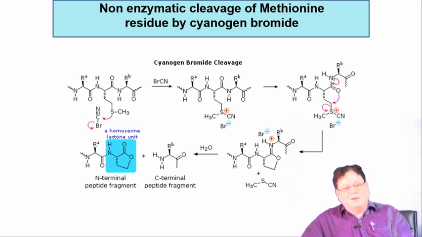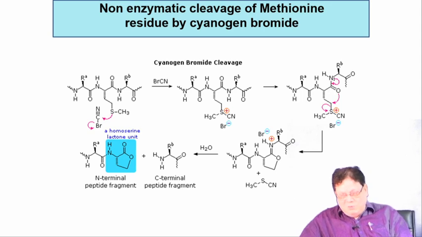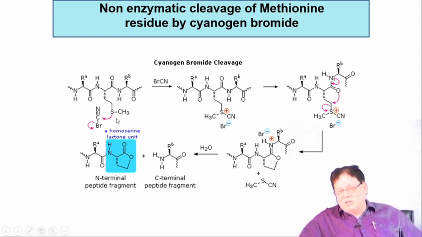You will later learn that this methionine has a distinct role. If we cannot make methionine in our body, our protein synthesis is going to collapse, but that is not the issue right now. We are trying to see how cyanogen bromide is able to cleave the peptide bond associated with methionine. So, this is your methionine part and this is the peptide bond.